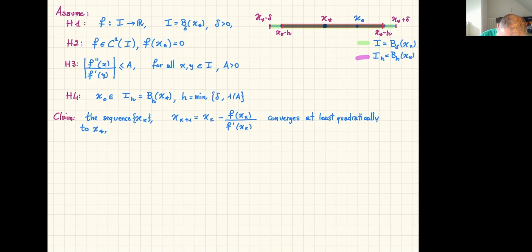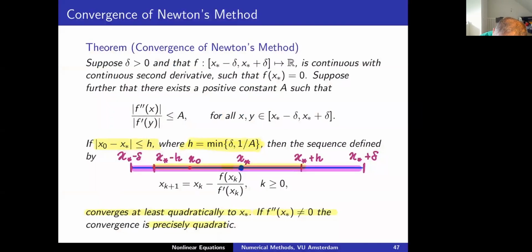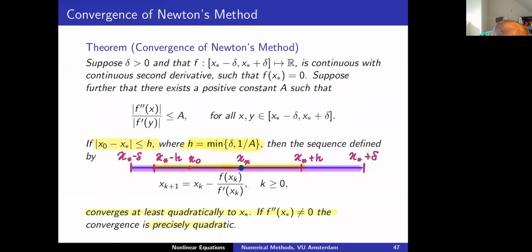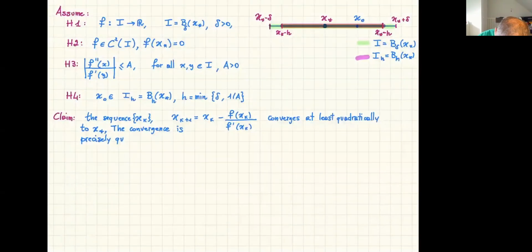And also I think that the convergence is precisely quadratic, if f double prime at x star in absolute value is non-zero.